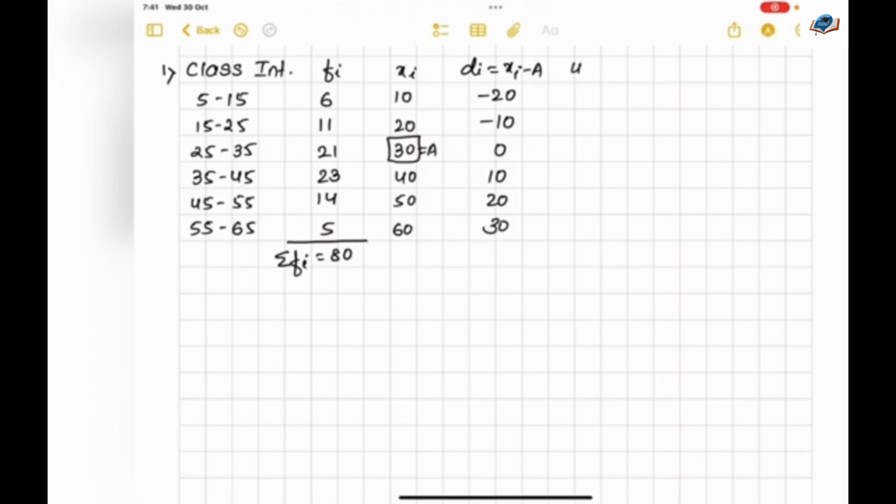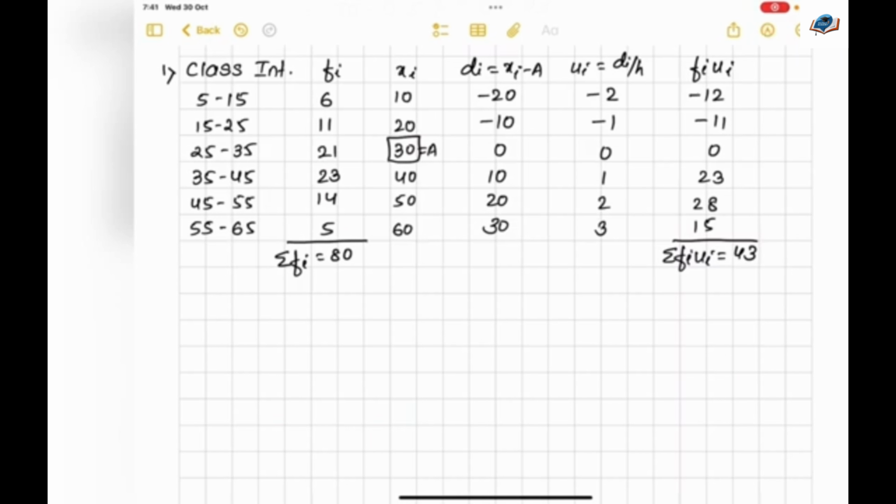Now I am finding ui. So ui equal to di by h. So minus 20 by 10. So minus 2, minus 1, 0, 1, 2 and 3. Now fi ui I am finding. So 6 into minus 2 is minus 12, minus 11, 0, 23, 28 and 15. So sigma fi ui is coming as 43.